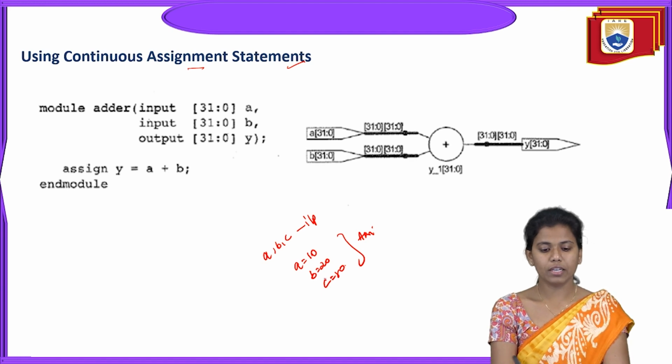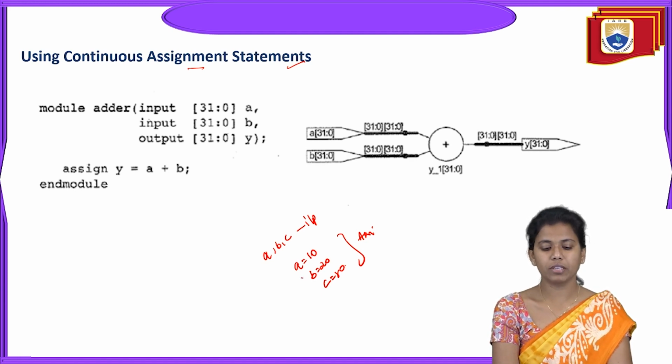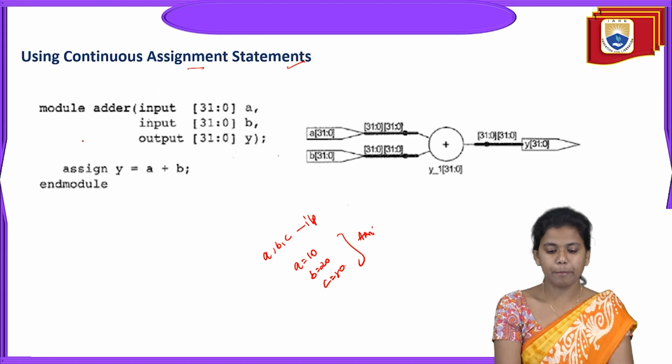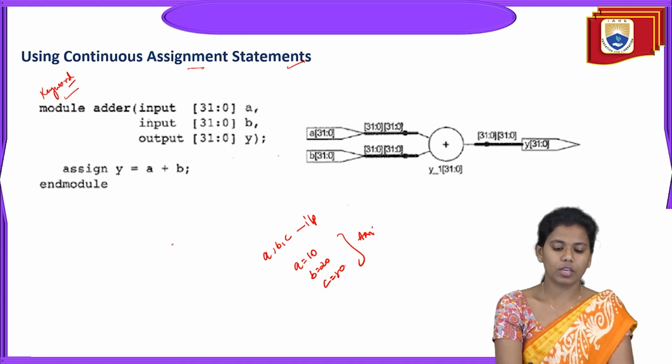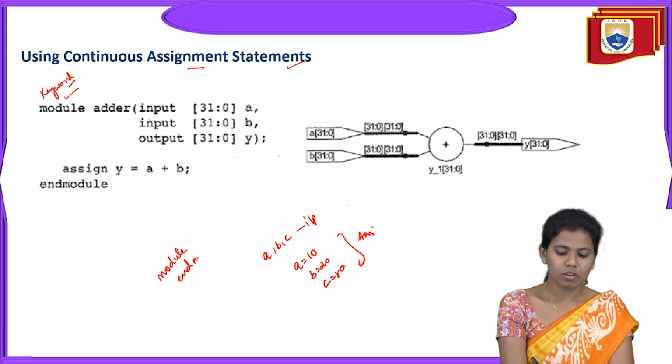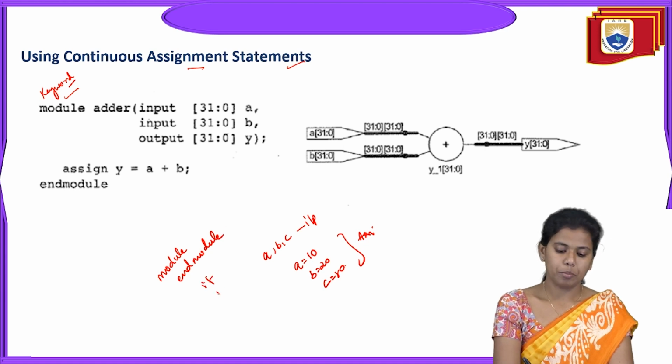When it comes to the continuous assignment statement, this is an example: module adder. Here, module is a keyword. In Verilog, we have some keywords, such as module, endmodule, if, begin, end.